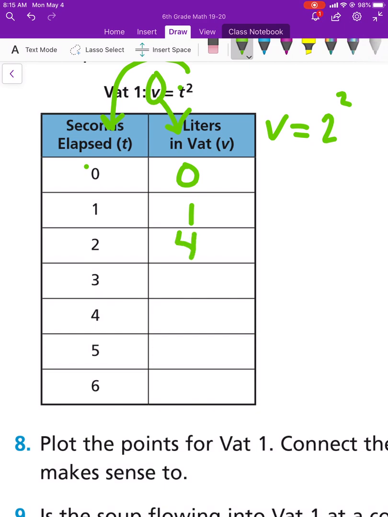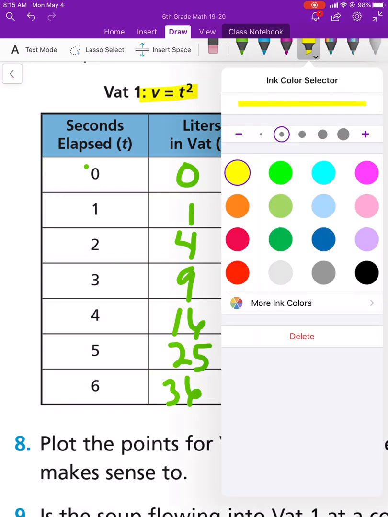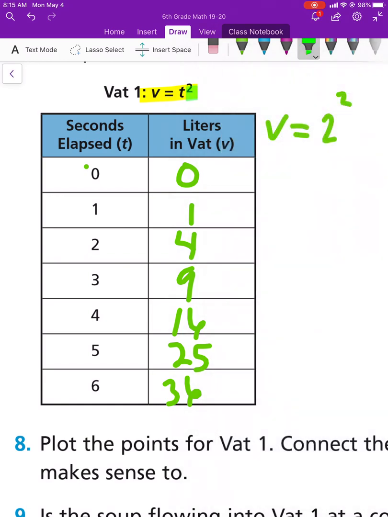How about 3 squared? 3 times 3 is 9. 4 squared, 4 times 4 is 16. 5 squared is 25. 6 squared is 6 times 6, which is 36. And all I was doing here was plugging into this equation up here, right? I literally just said whatever is T is here, and whatever is V is over here.